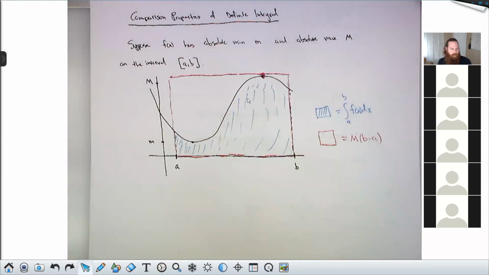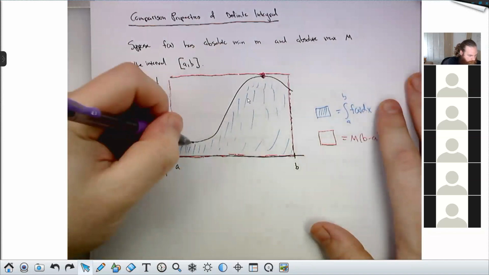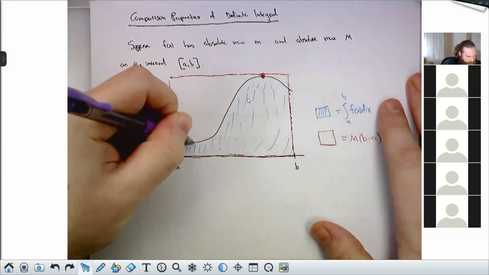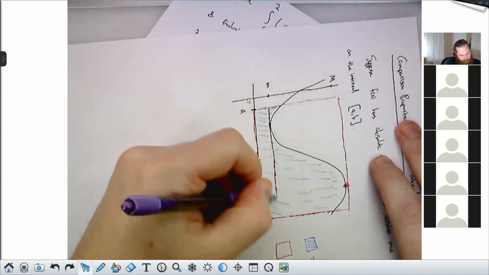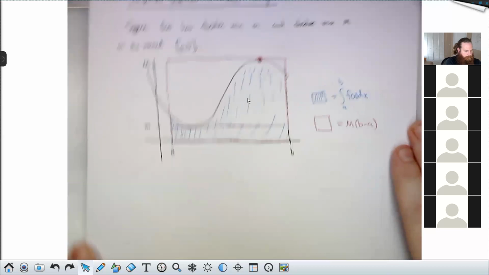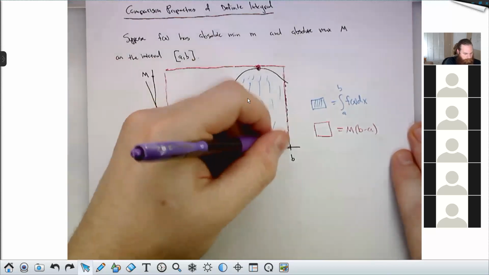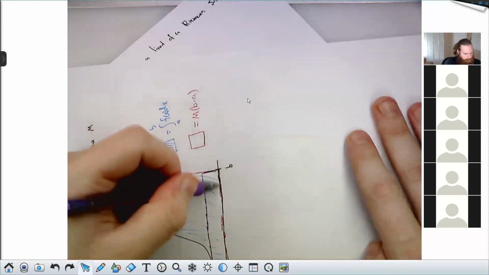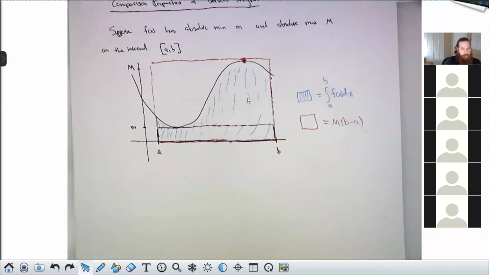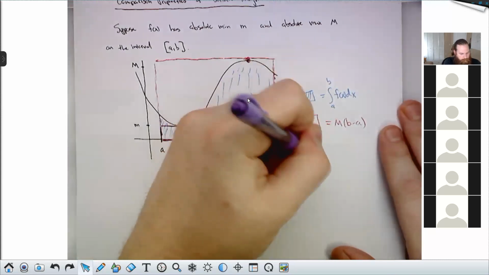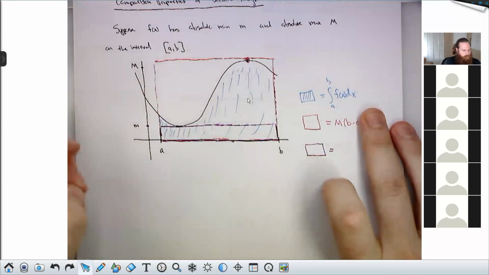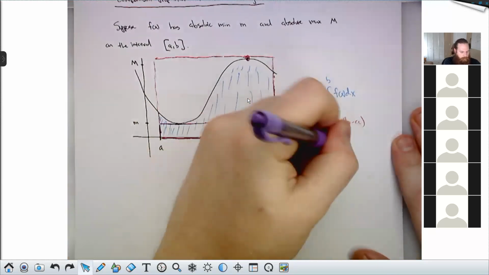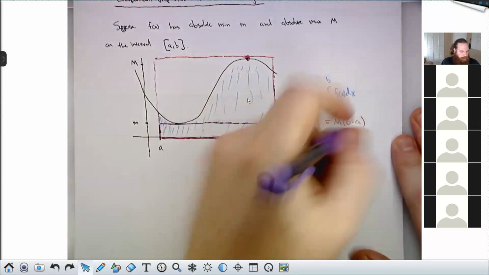And I'm going to draw one more rectangle, a purple rectangle. The purple rectangle has area its width times its height. Its height is little m, and its width is also b minus a.